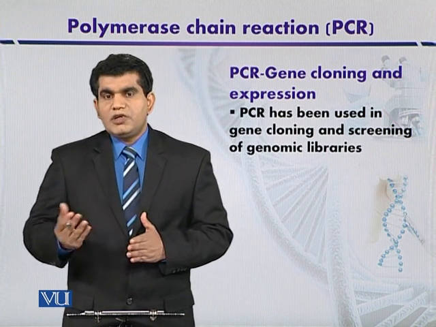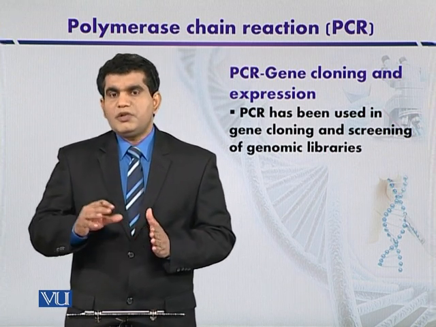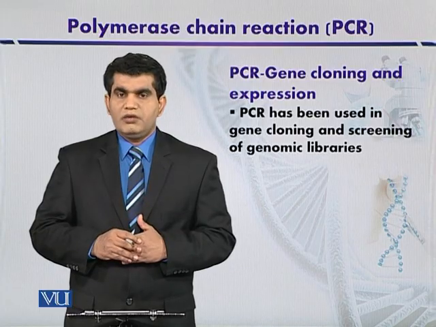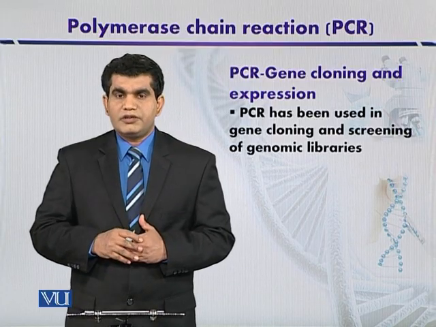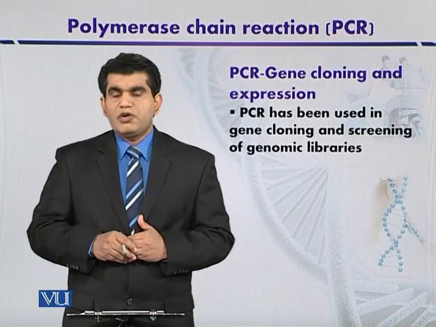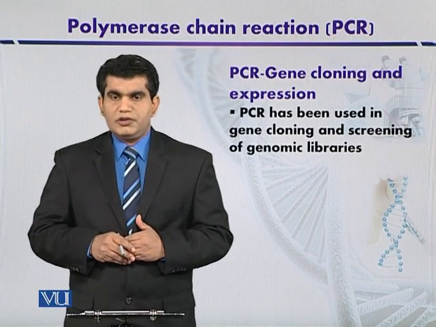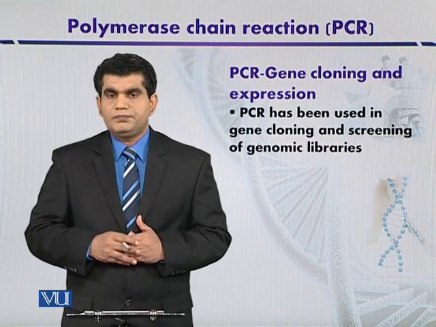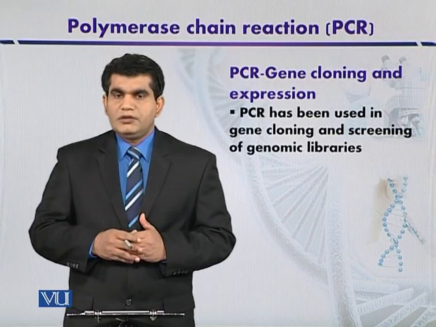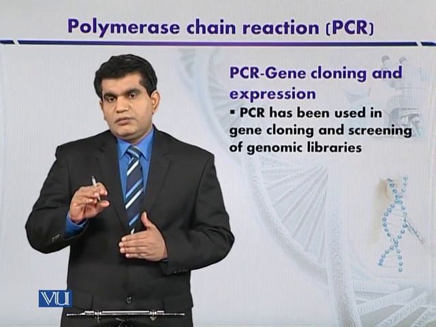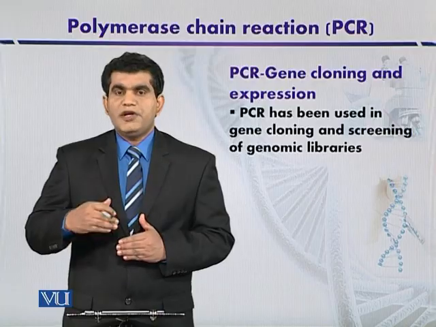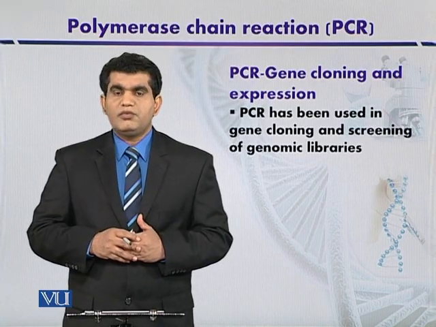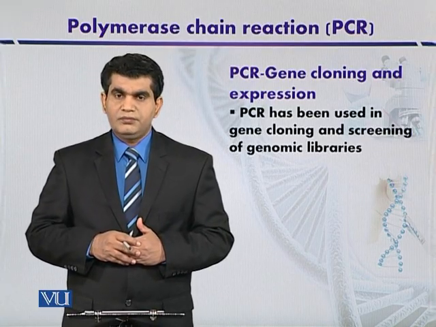These gene and genomic libraries are representative of the whole genome, and we isolate our gene of interest. So it is a very time consuming, laborious process, needing a lot of expertise. But this procedure can be made more selective when we use PCR.